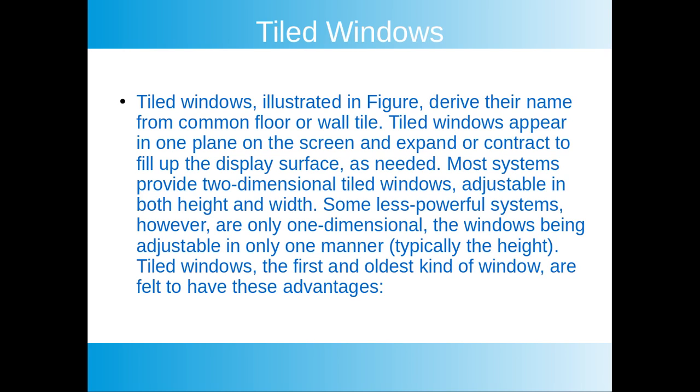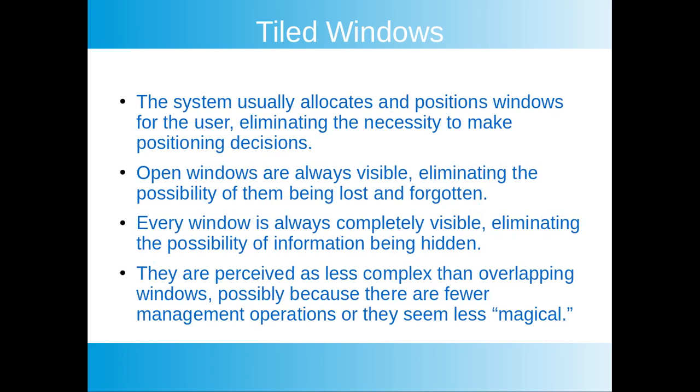Tiled windows, the first and oldest kind of window, are felt to have these advantages. The system usually allocates and positions windows for the user, eliminating the necessity to make positioning decisions. Open windows are always visible, eliminating the possibility of them being lost and forgotten. Every window is always completely visible, eliminating the possibility of information being hidden.